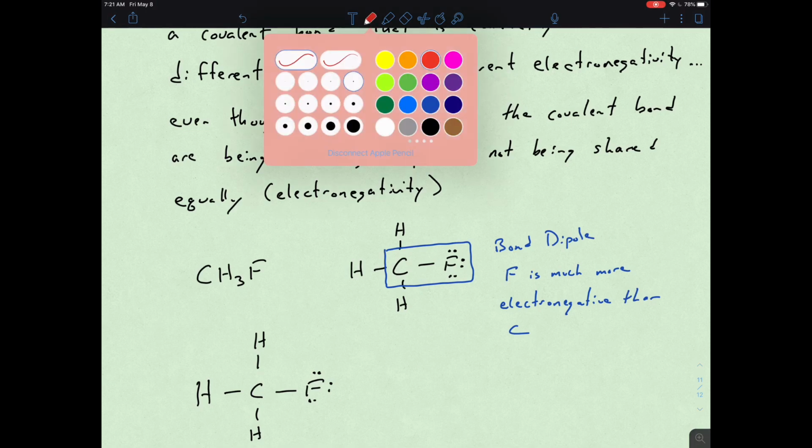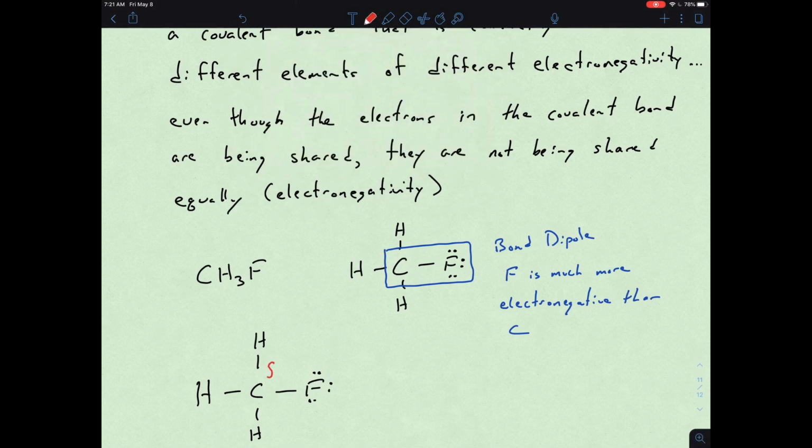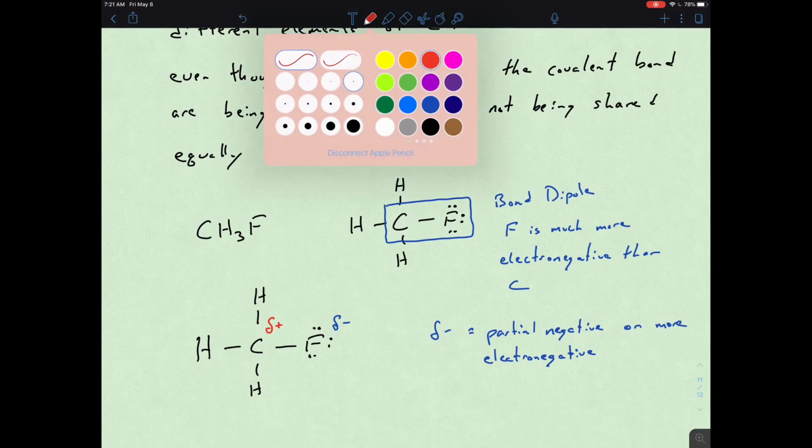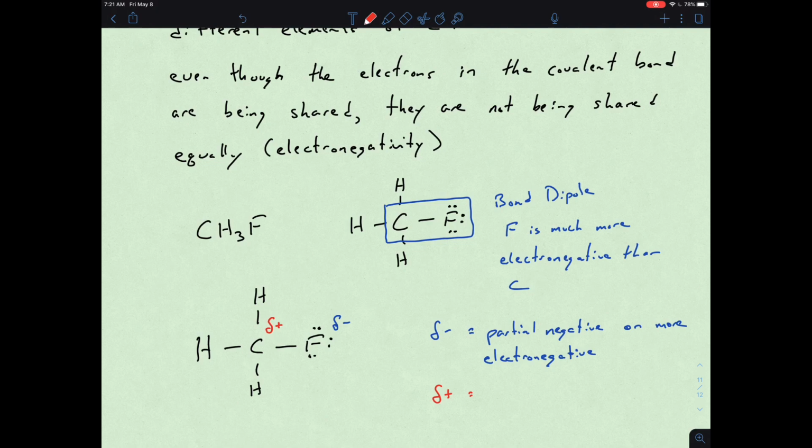By showing this idea that, okay, we have a partial positive charge and we have a partial negative charge. And the partial negative is on the more electronegative, while our delta plus, the partial positive, is basically on the less electronegative.